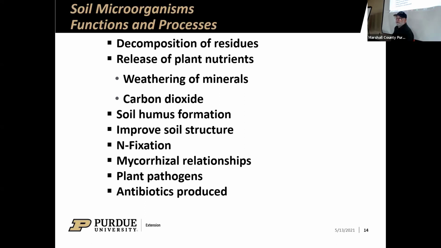They help improve the soil structure, creating the components that help bind soils together to create those larger structures that allow air and water to move through our soil profile. Some of them fix nitrogen, taking nitrogen from the air, providing it to the plant to increase plant growth.